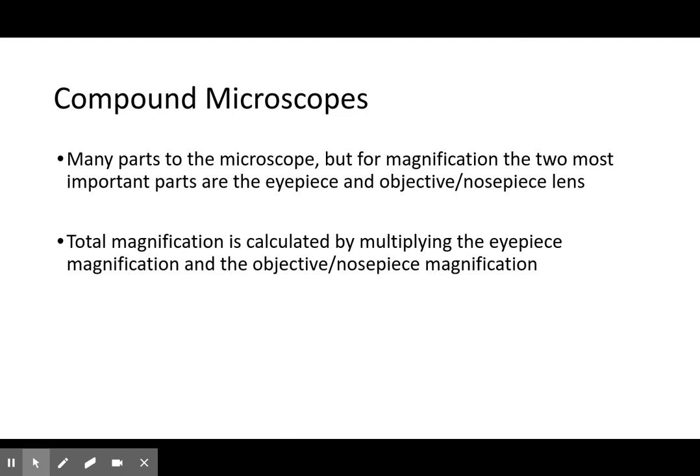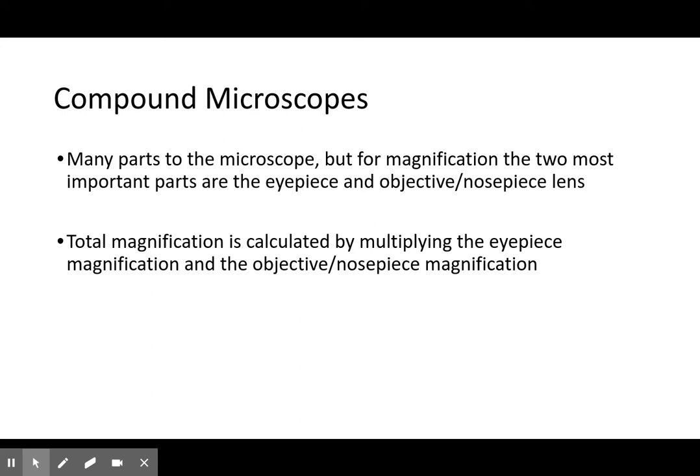We, in a non-pandemic year, will be using compound microscopes. So for the next several years in science classes, you are going to be using compound microscopes. There are many parts to a microscope, and that's what we are going to be focusing on this week. But for magnification, the two most important parts are the eyepiece and the objective or nose piece lenses.